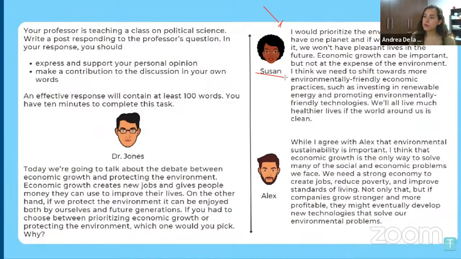When you're reading your classmates' responses, you're going to actively be looking for two elements. The first one is going to be his or her opinion, so what option they have chosen, and second, one reason, or the main reason. Okay, guys? So for example, Susan, what is her opinion? What does she think?